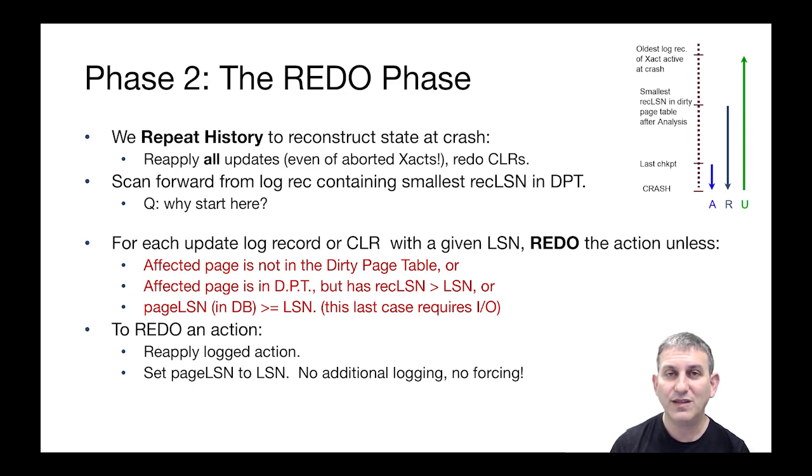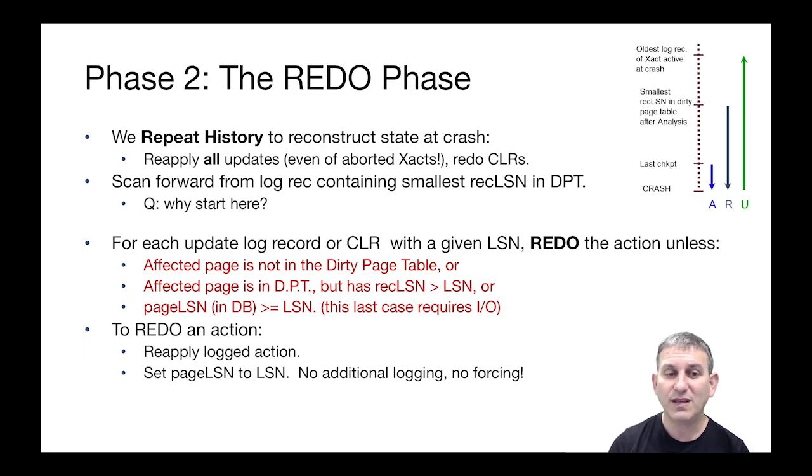So we actually do an IO in the database, but the page LSN in the database is greater than or equal to the LSN we're currently looking at. In that case, we know that the database page is from a later update than the current LSN, and we don't need to redo the current LSN because it was already done. Outside of those three cases, we redo the action.